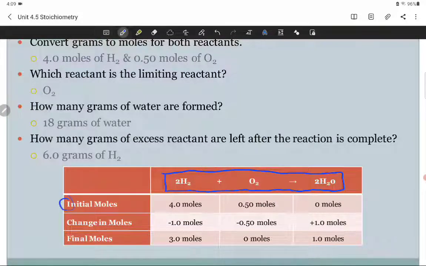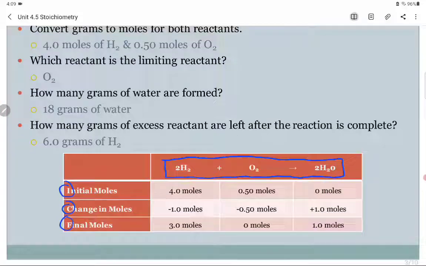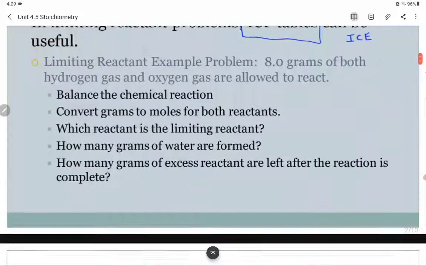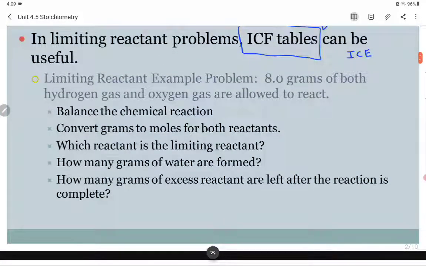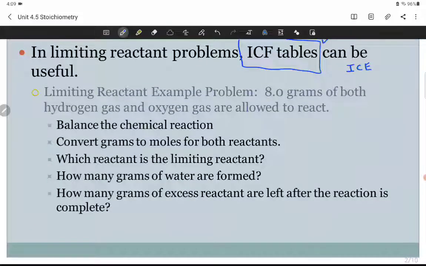And I've given you the ICF table, and let's talk about where these numbers come from. So it was told to us that we had 8 grams of both chemicals. So I converted both of those into moles. I'll just give you a sample of one of these here: 8 grams of hydrogen gas, factor label style.